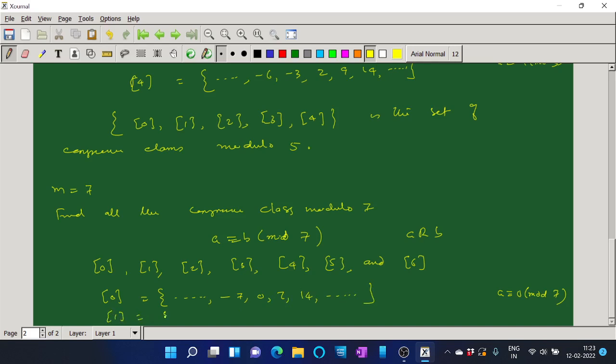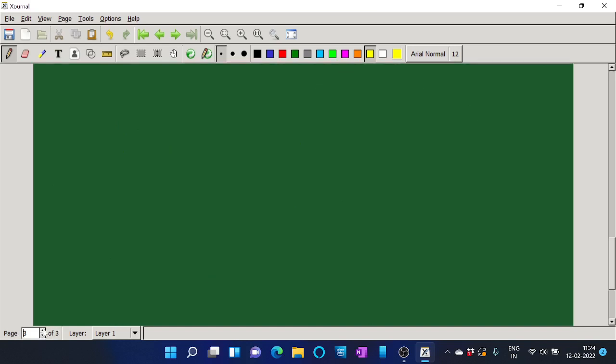Congruence class [1] consists of all the integers like minus 6, 1, 8, 15, etc. [2] consists of all the integers like 2, 9, 16, etc., minus 5, minus 12, etc.